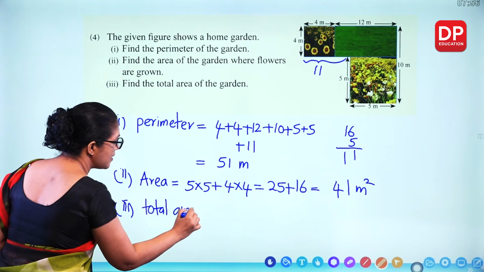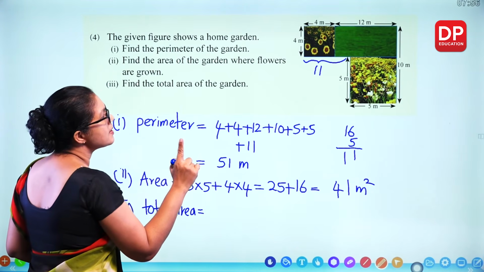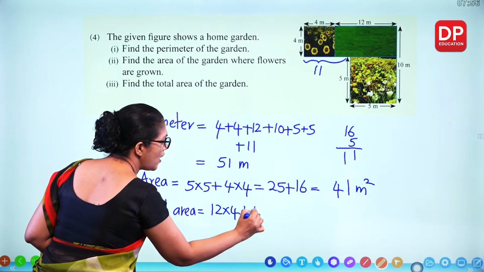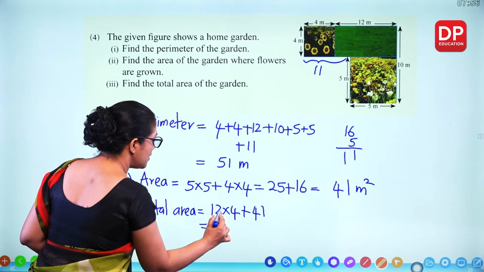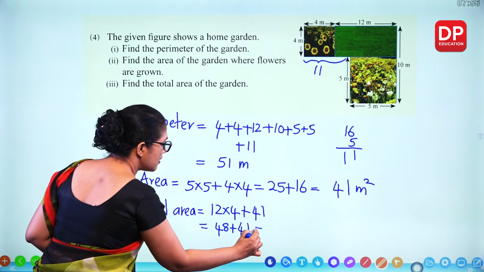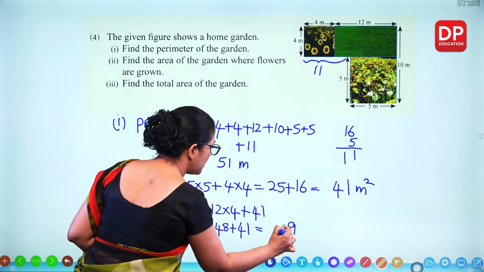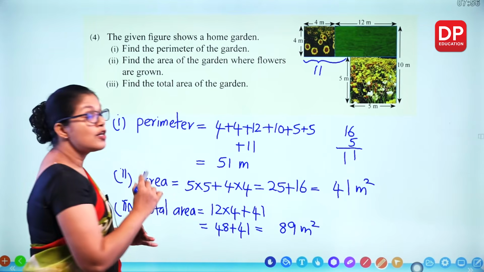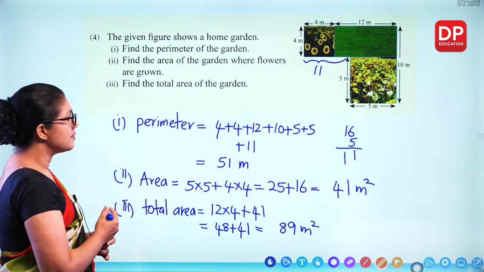Total area is 12 times 4 plus 41. This one is 48 plus 41. You get 9 here, 8. 89 square meters is the total area of the garden.